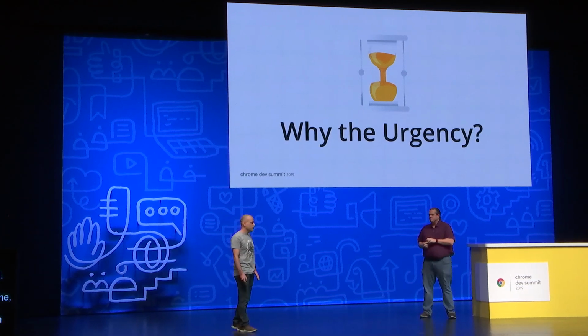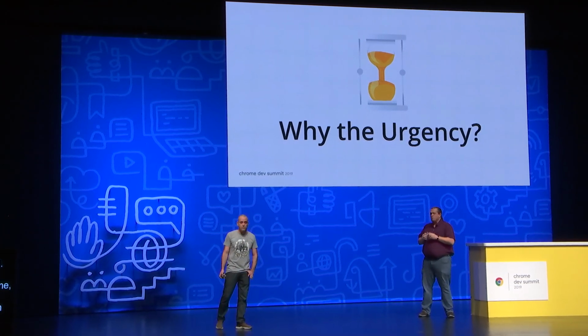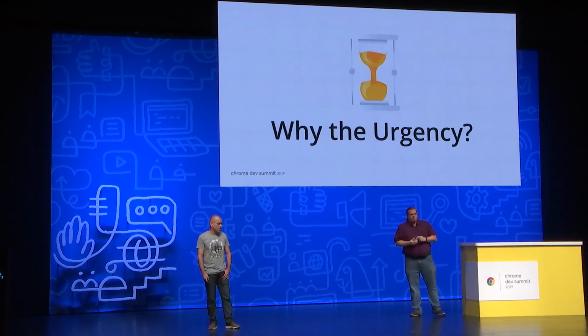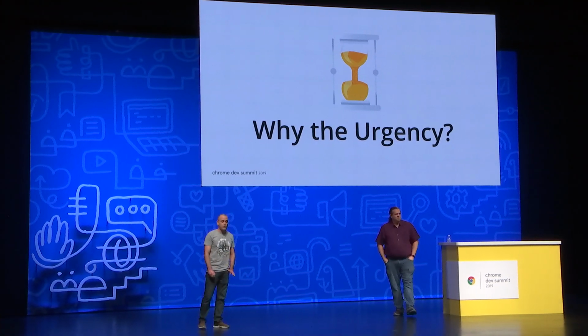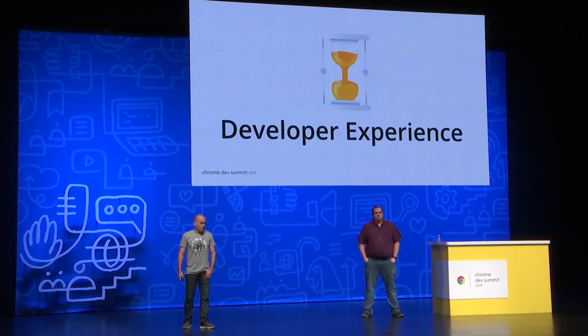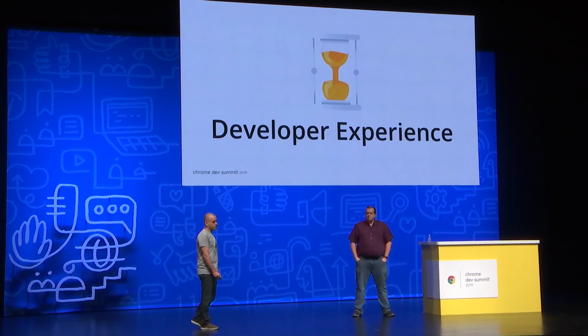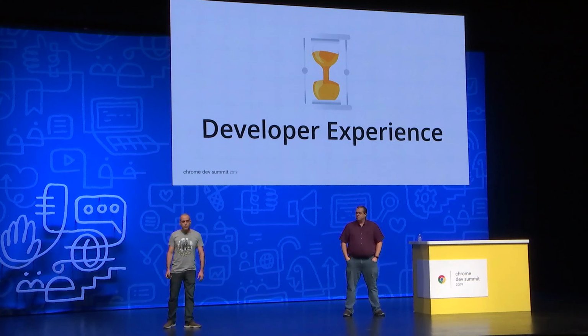Admittedly, we are shipping a lot of new features. Can we just slow down? Well, there are multiple areas where we think the web needs to urgently improve. Developer experience is one, because we see developers working around the web platform's basic model of page navigations to create different models that fit them and their users better.